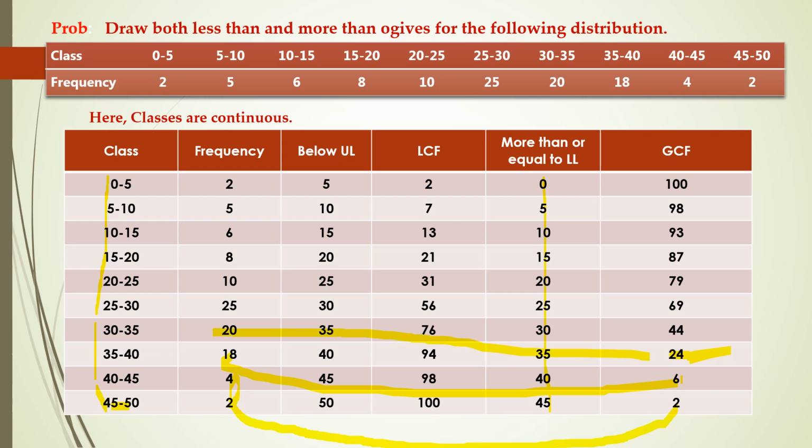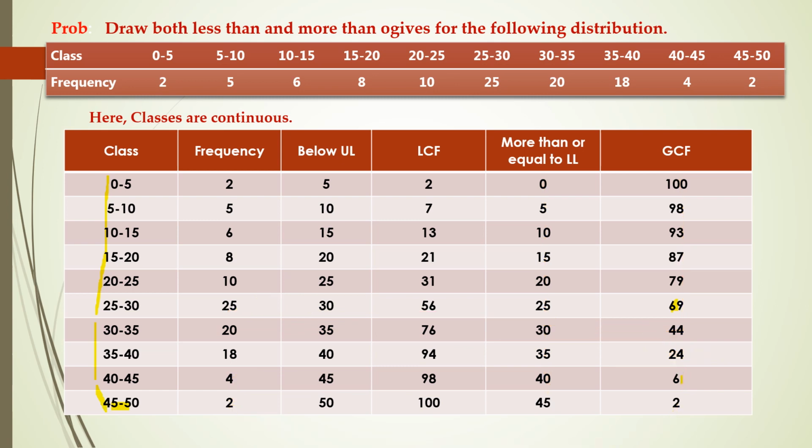Now 24 plus 20 gives 44, and 44 plus 25 gives 69. In this way, you can find the remaining more than cumulative frequencies also. As you have to construct both less than and more than ogives on the same graph, we prepared both types of cumulative frequency distributions in the same table.